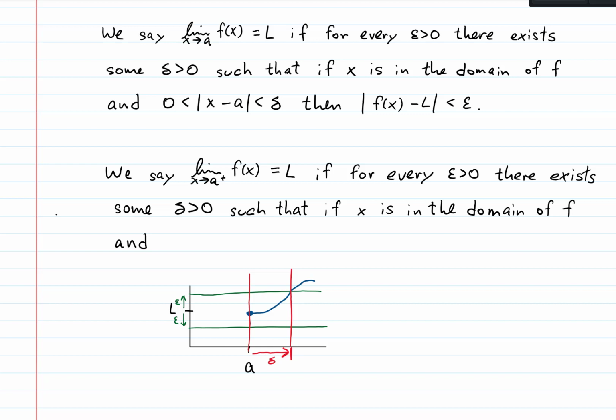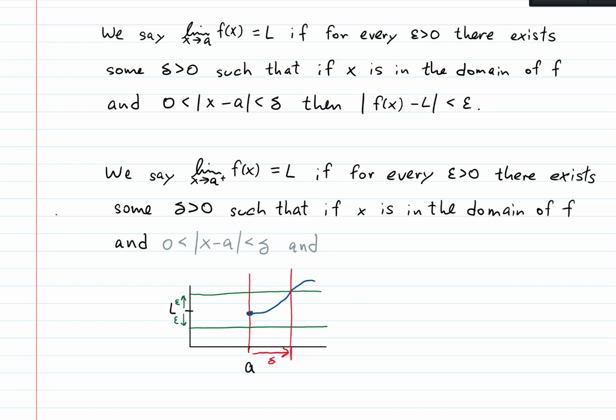Let's start by rereading the sentence, what we have so far. We say the limit of f of x as x approaches a from the right equals L if for every epsilon greater than 0, there exists some delta greater than 0, such that if x is in the domain of f and here's what I want to say, the distance between x and a is between 0 and delta, and x is to the right of a.